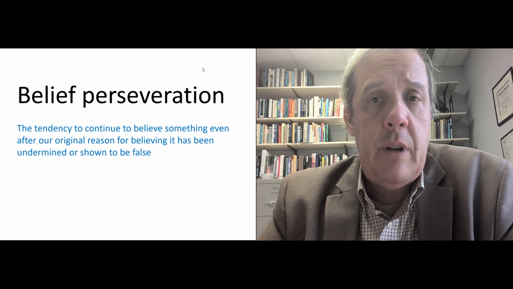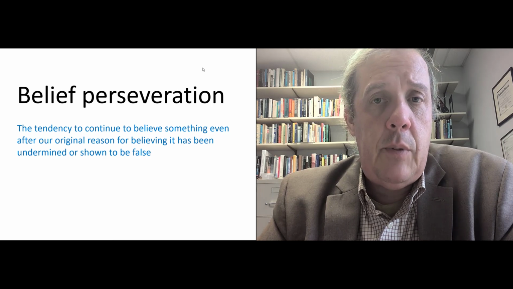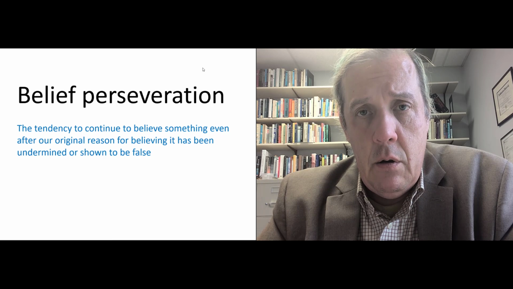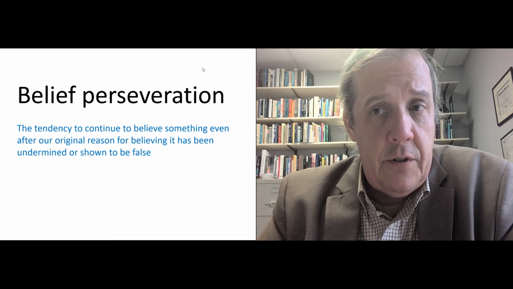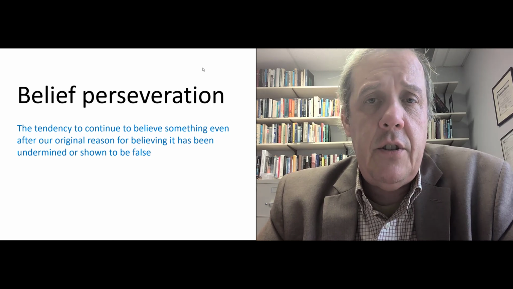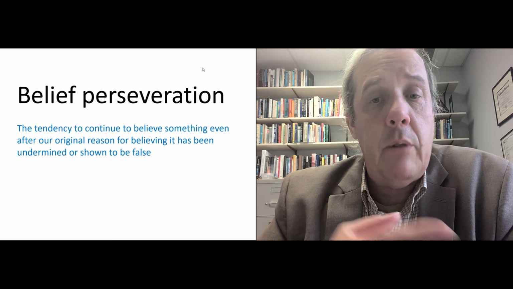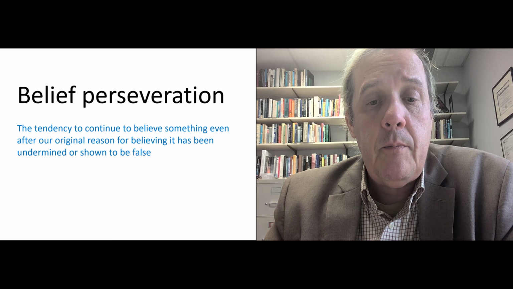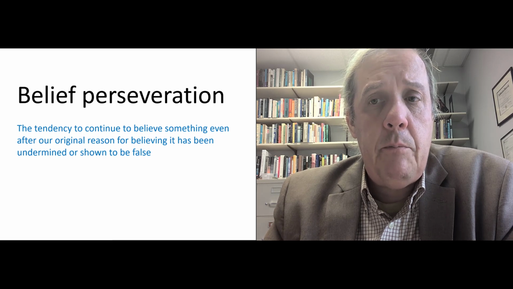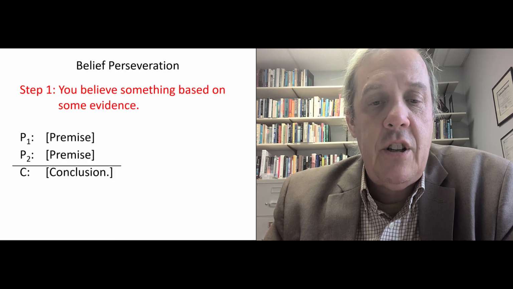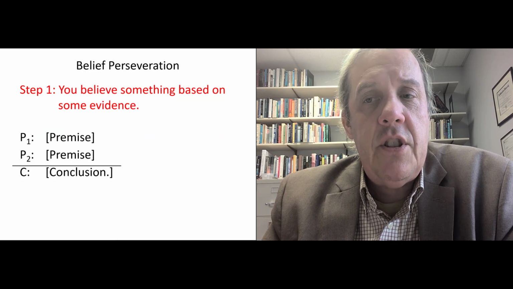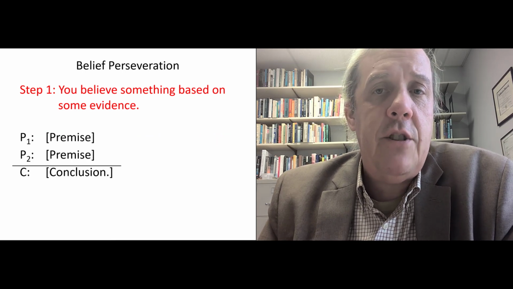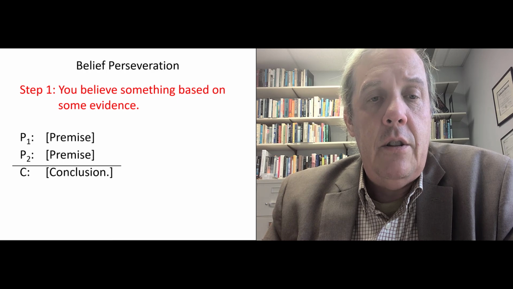So, if you have a false memory, you will continue to believe that even after your memory has been shown to be false. And I think it's easiest to understand this process again by returning to the idea of argument. So, perseveration in 3 steps. Step 1, you believe something based on evidence, right?